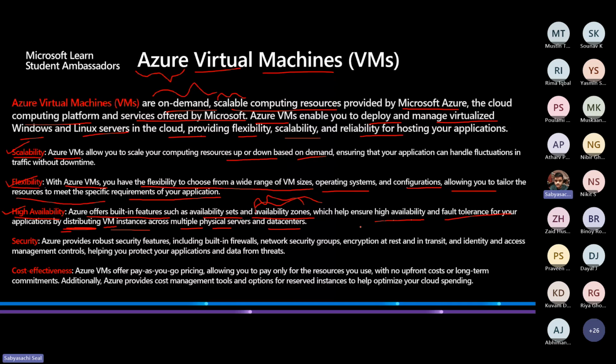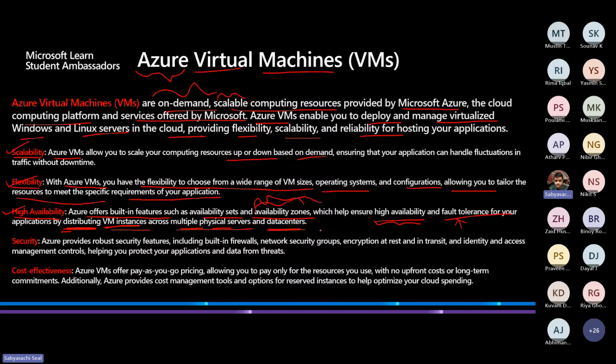My app is present in the other zone as well. That is how you use multiple availability zones to ensure high availability with fault tolerance. Fault tolerance is the fact that if one of the data centers or availability zones goes down, you have something else to keep it going. That's availability zones. And how does it handle so many availability zones? It distributes the VM instances across multiple physical servers and data centers.